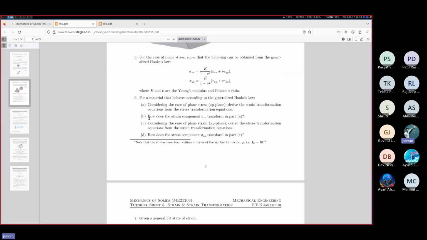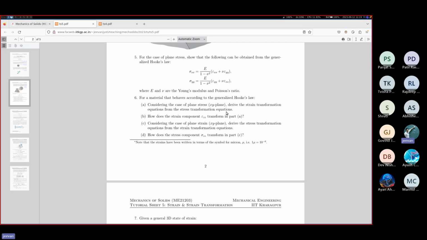What is it actually asking us? For a material that behaves according to the generalized Hooke's law, considering the case of plane stress in the xy plane, derive the strain transformation equations from the stress transformation equations. Now the thing is, we know the stress transformation equations. We also know the strain transformation equations independently. We also know that they are exactly the same, except that the symbol sigma is replaced by the symbol epsilon.